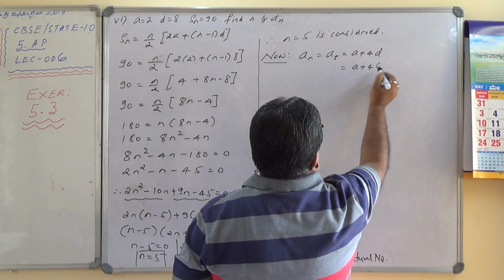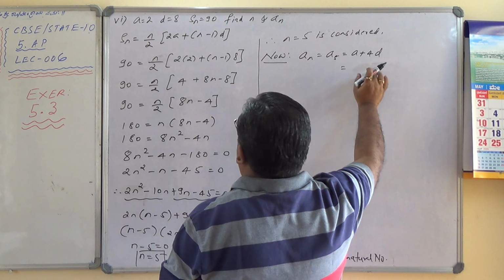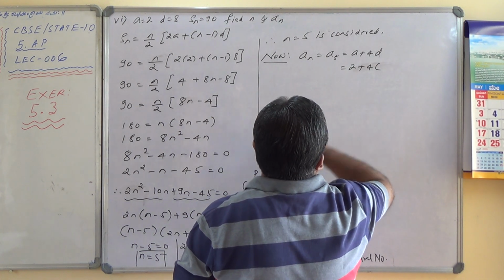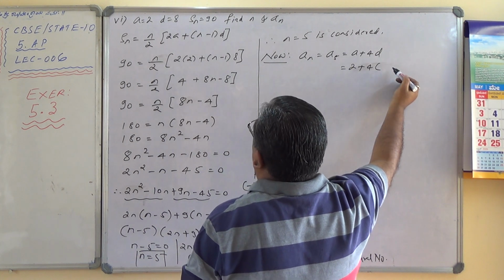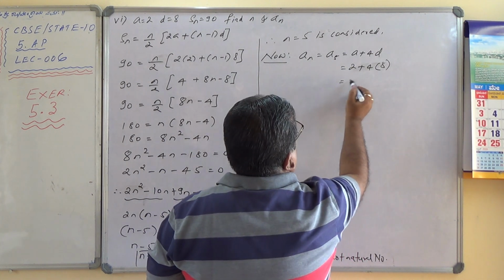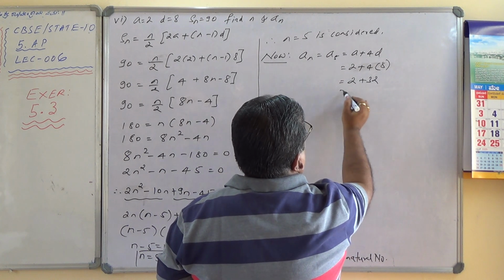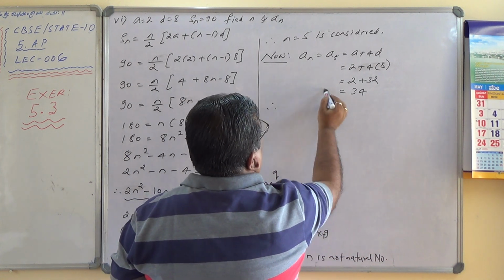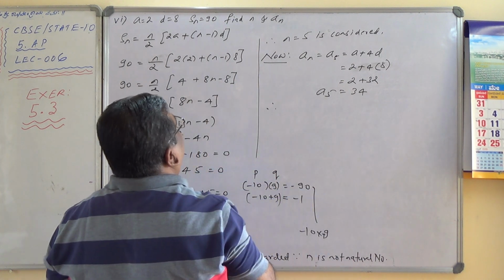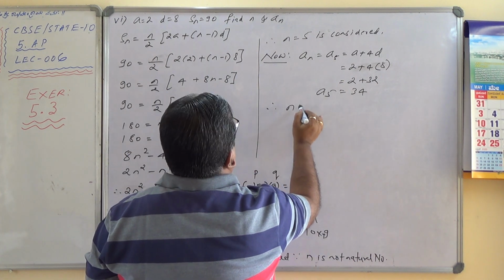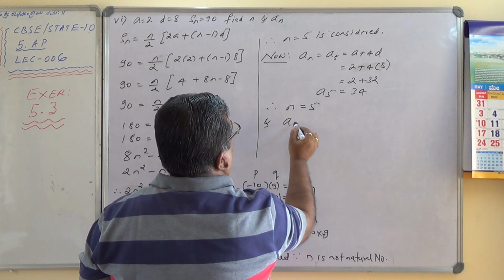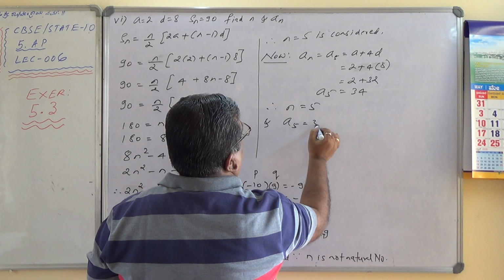What is a plus 4d? A is 2, plus 4 times d, d is 8. 2 plus 32, which is 34, and therefore what is the final answer? N equals 5 and a5 equals 34.